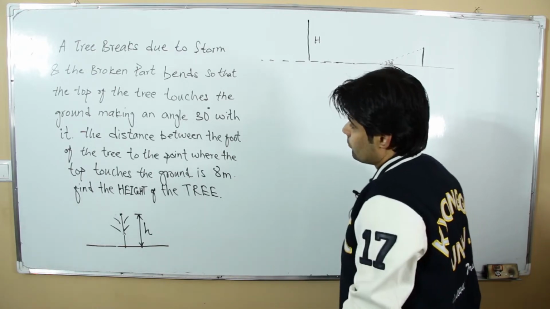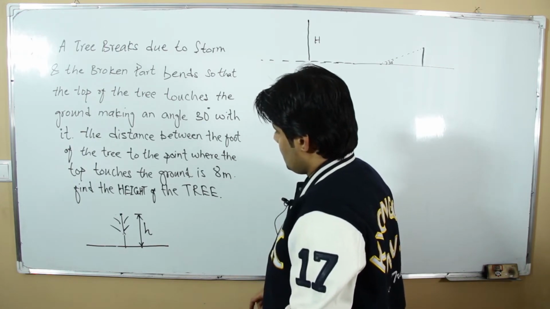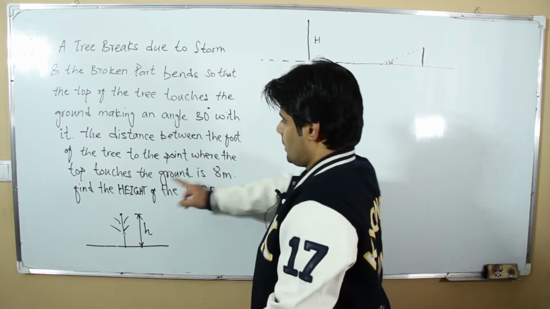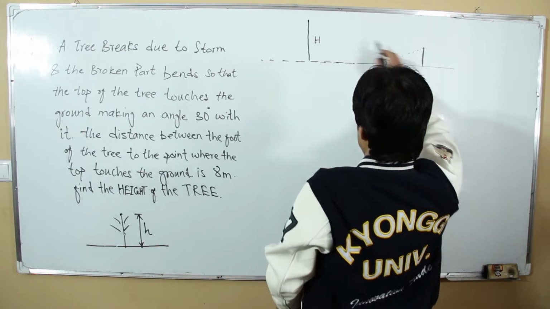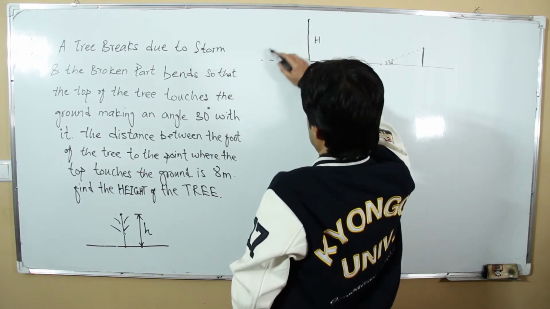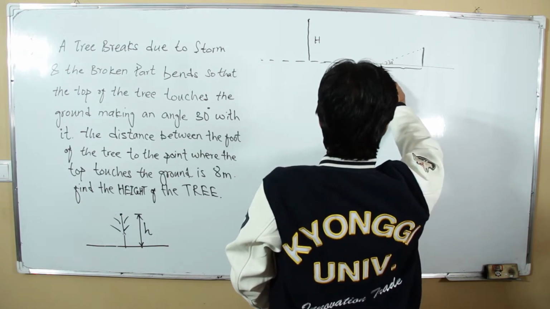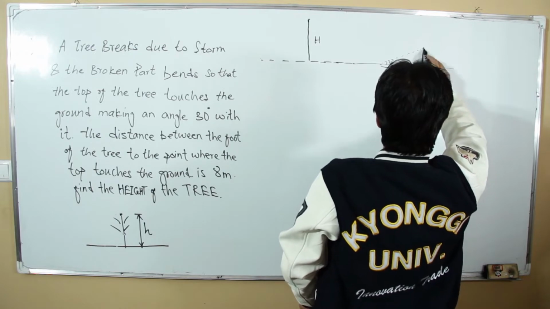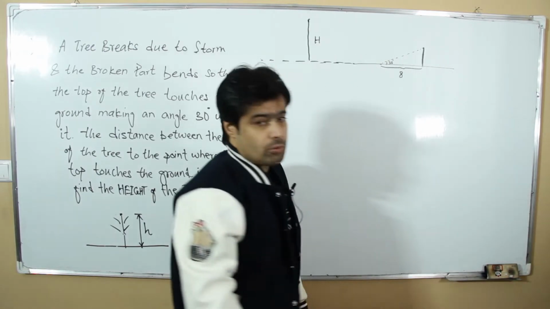Now, you have to find the height of the tree, in which the point where the top touches the ground is 8 meters. This distance is 8, and we don't know this one. And the question is the height of the tree.